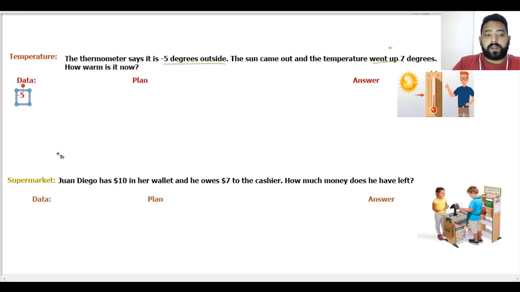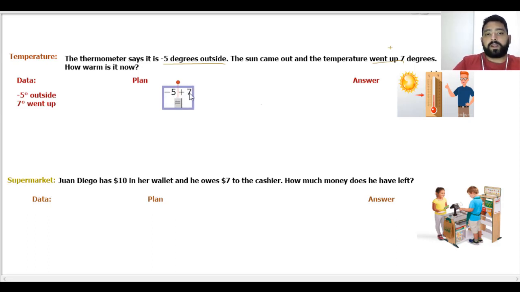Then you're going to write your data. You can write negative 5 degrees outside, but then it went up 7 degrees. That means a positive number, 7 degrees went up. Then you have to think about what to do with these two numbers. Negative 5, and then went up means positive, so we need to add them. We write negative 5, the degrees, plus 7.